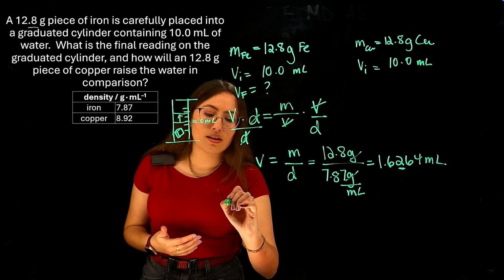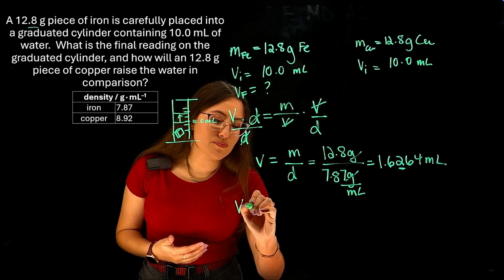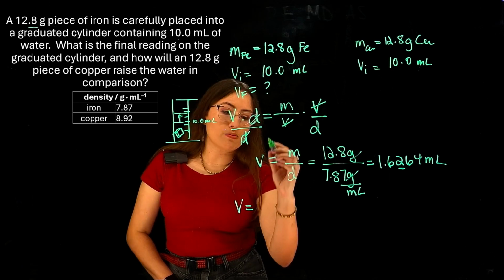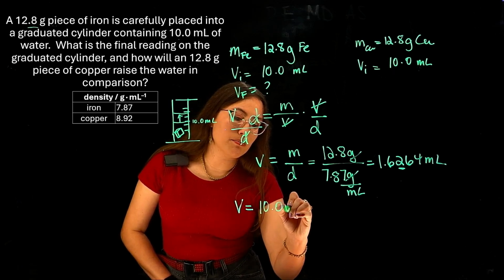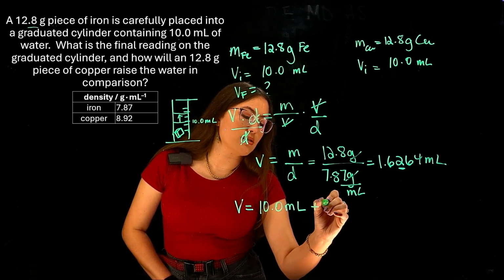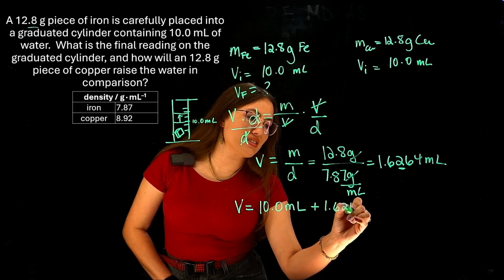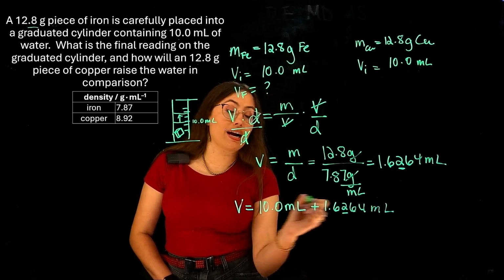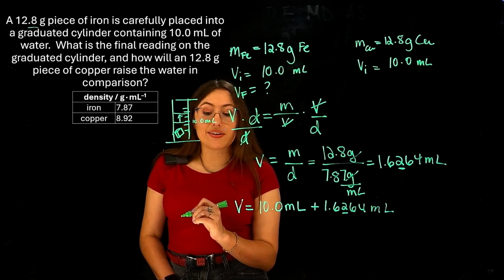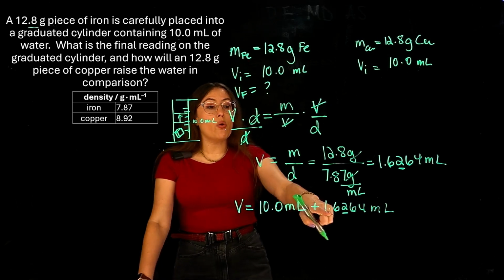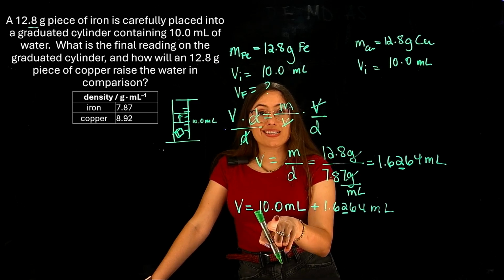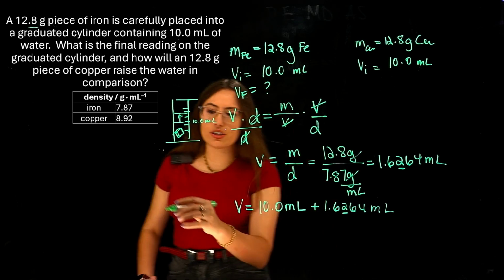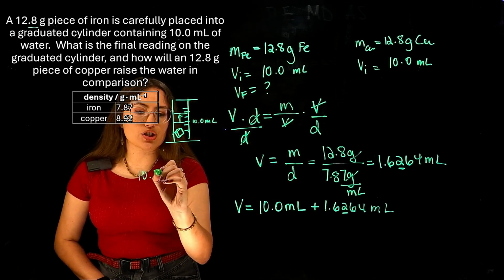The final volume would be 10 milliliters plus 1.6264 milliliters. Keeping in mind the number of significant figures, we will only report out to one place after the decimal. It makes it easier to line up the decimal when you're doing this type of operation.